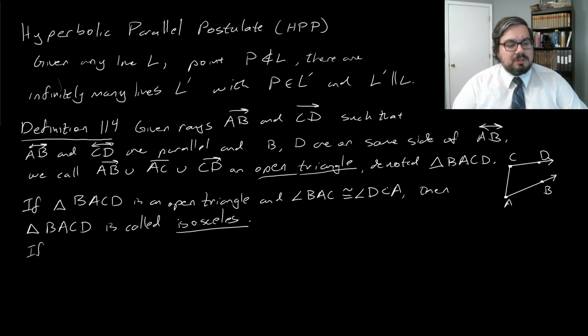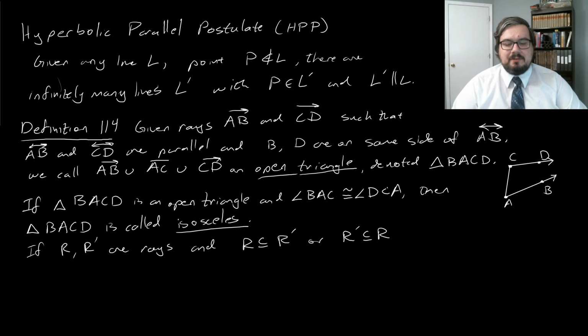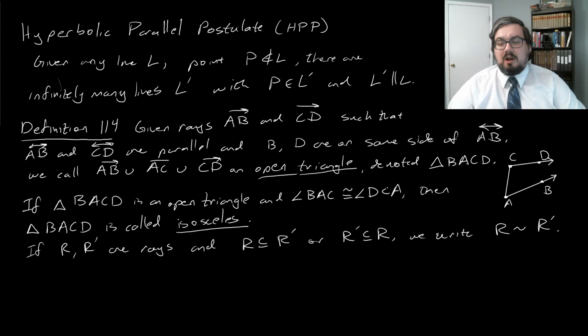A bit of notation: if R and R prime are rays, and R is a subset of R prime, or R prime is a subset of R, we write that R is equivalent to R prime. So this is the same notation as the similarity relation between triangles, but because we're working with rays rather than triangles, there shouldn't be any confusion there.